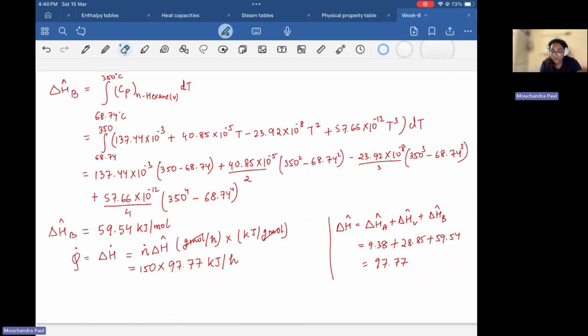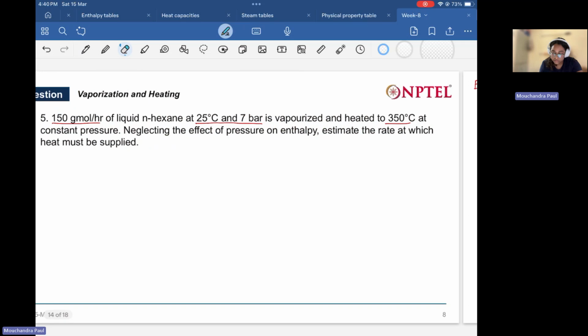Now we can convert it to kilowatts easily.